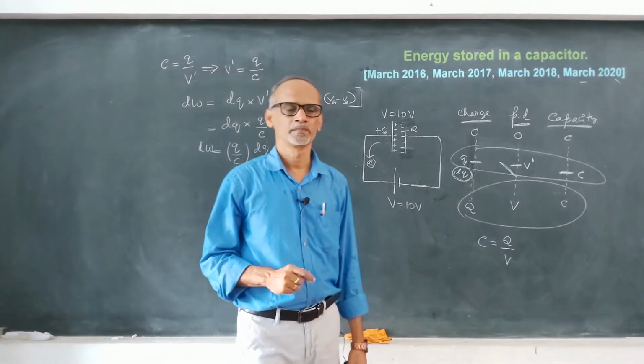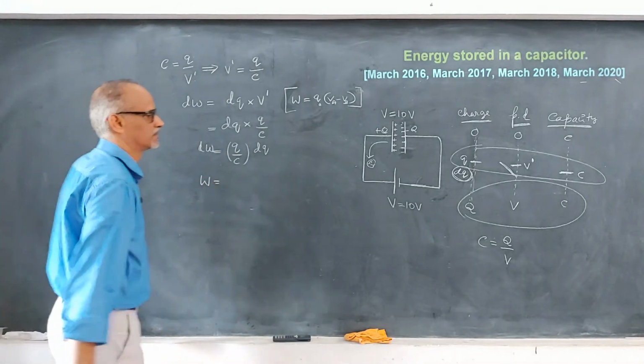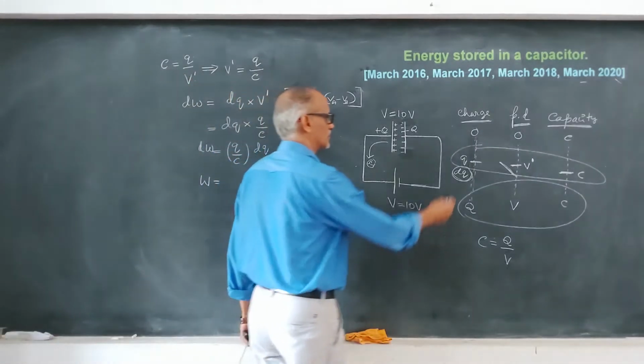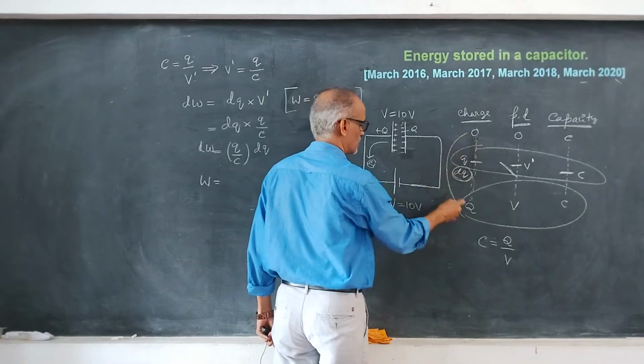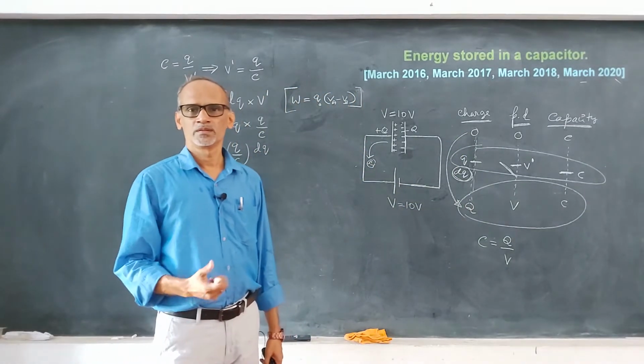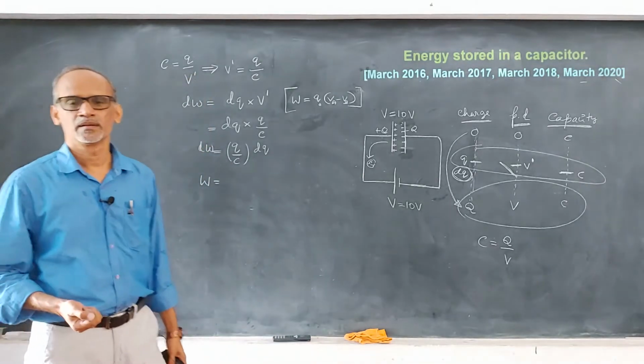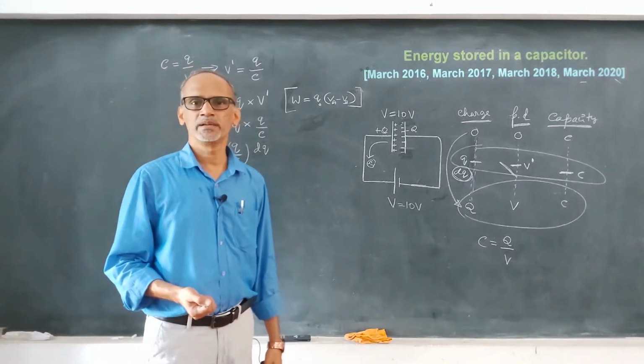But our aim is to find the total work done by the battery to transfer a charge from 0 to Q in total. So how do we measure that? By using the mathematical form, which is integration.